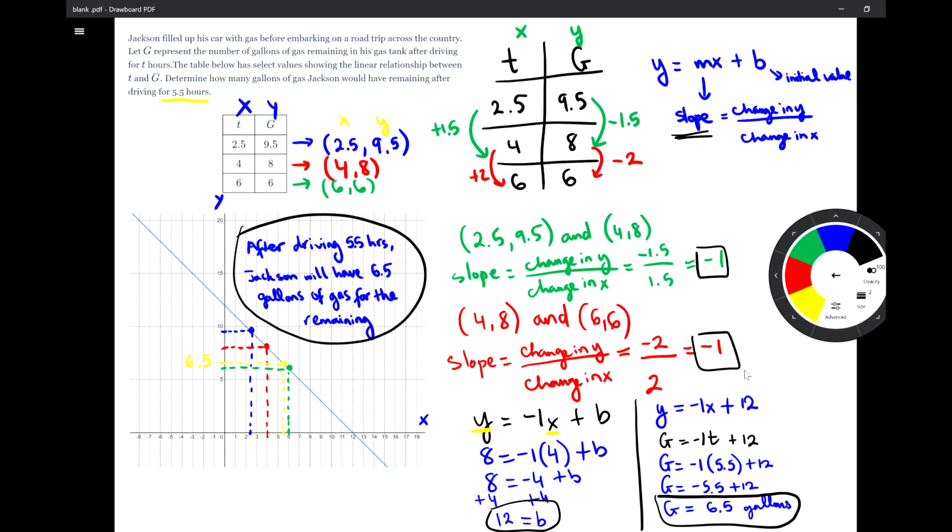But either way you choose, pick the one that you feel most comfortable with to solve this problem. Alright, hopefully this video helped you guys understand how to find the output when you are given the input and the table.